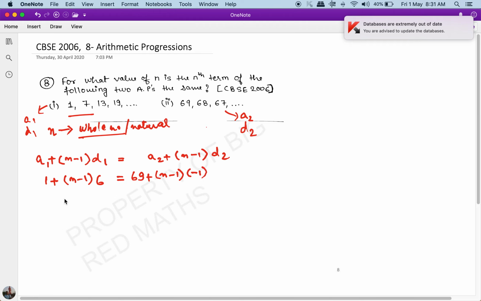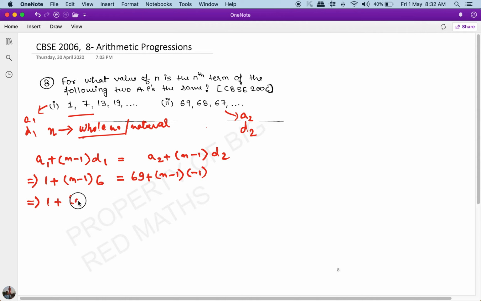Now let's just open all the brackets and start solving this one. This becomes 1 plus 6n minus 6 is equal to 69 minus n plus 1.